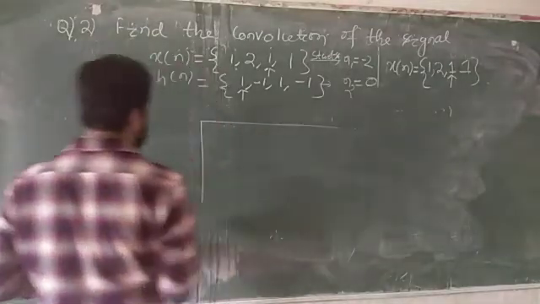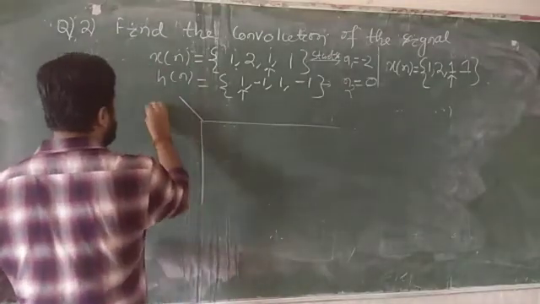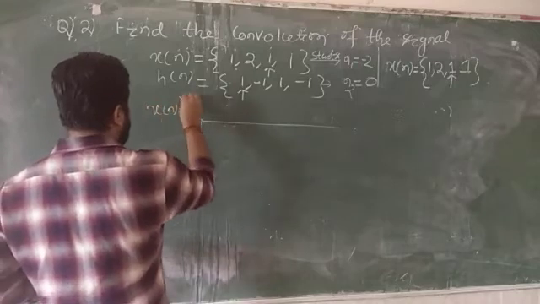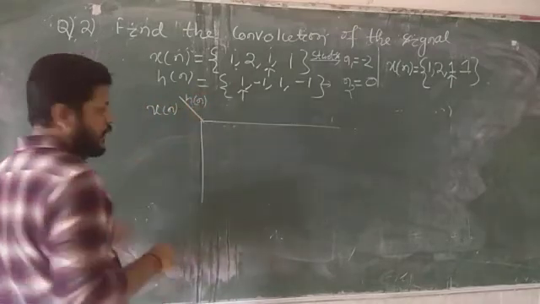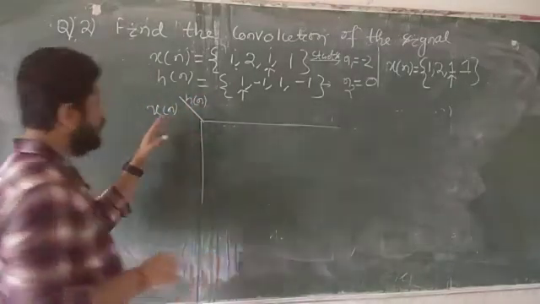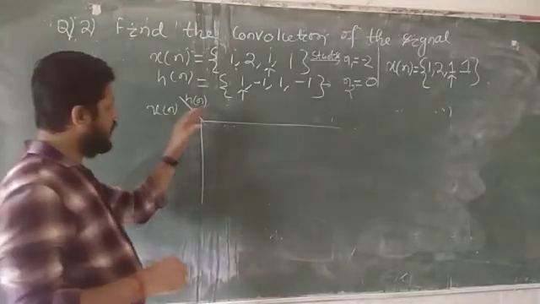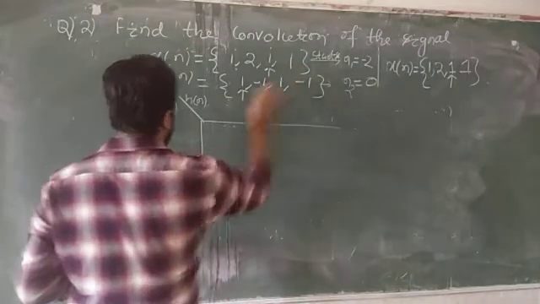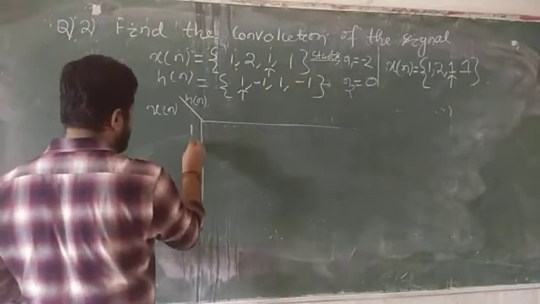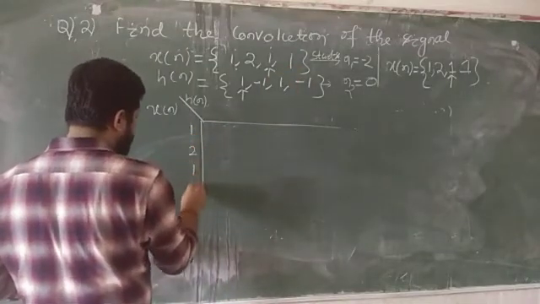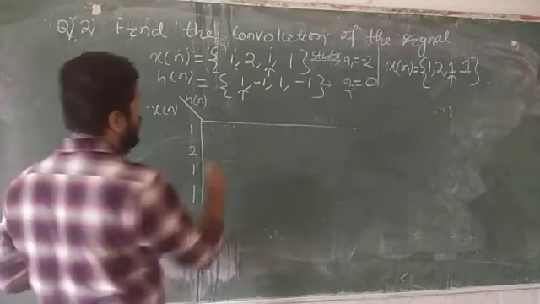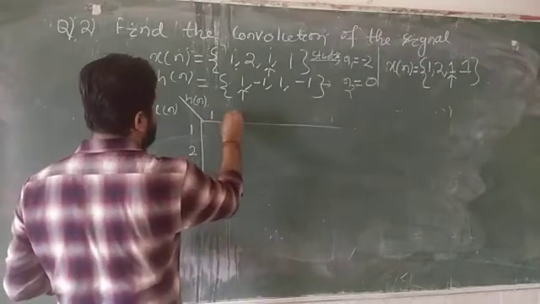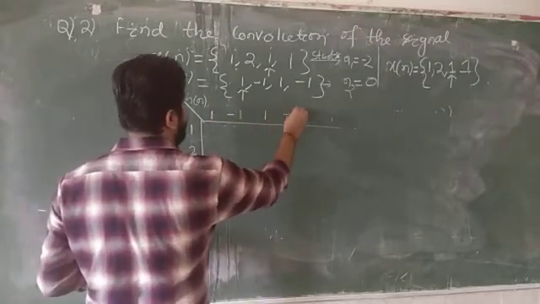So how to calculate? We put it like this: you have xn and hn, you can write them interchangeably, here hn and here xn. So 1, 2, 1, 1, then 1, minus 1, 1, minus 1.